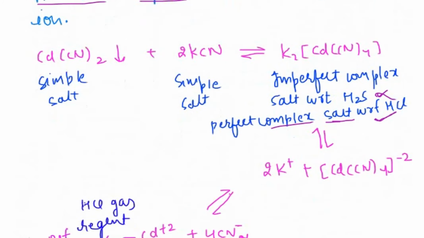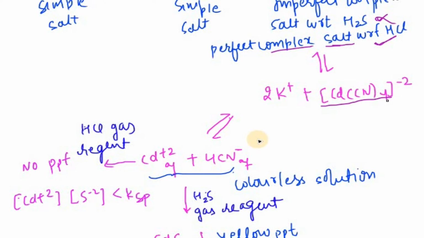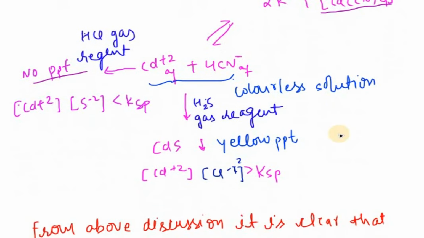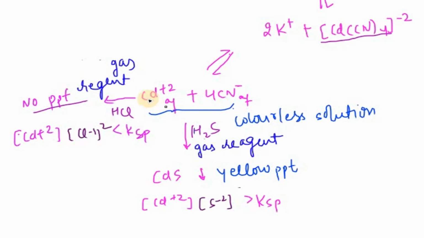It will form 2K+ and [Cd(CN)4]-2. Again, [Cd(CN)4]-2 gives Cd+2 and 4CN-. The K value might be a little bit more. So when HCl gas is passed, there is no precipitate, so it is perfect with respect to HCl.